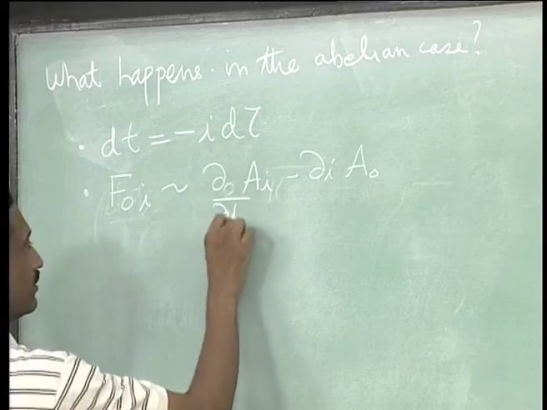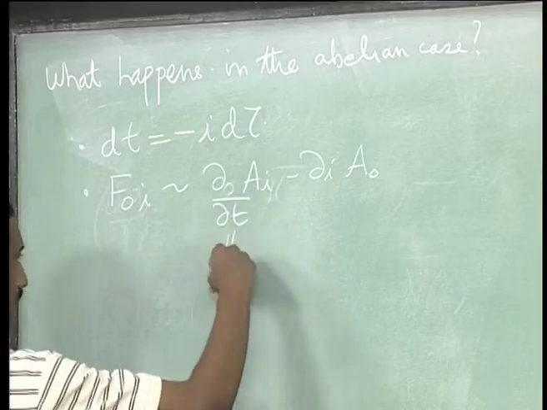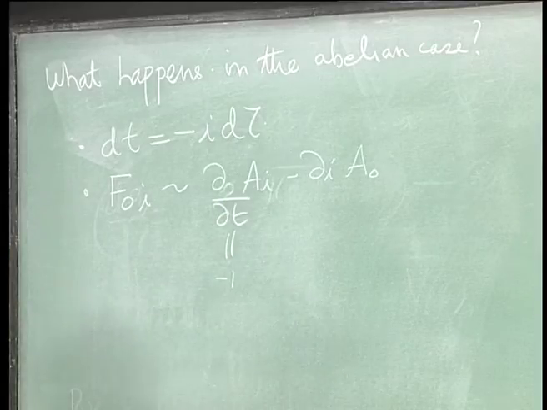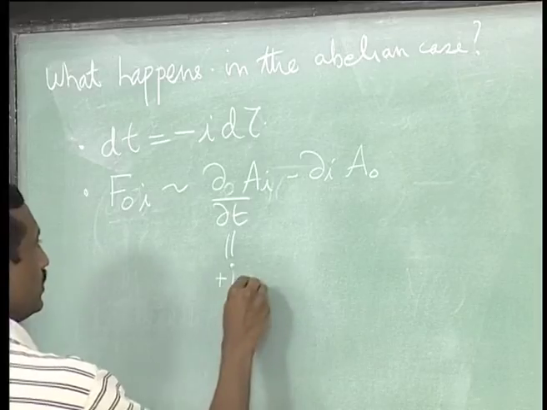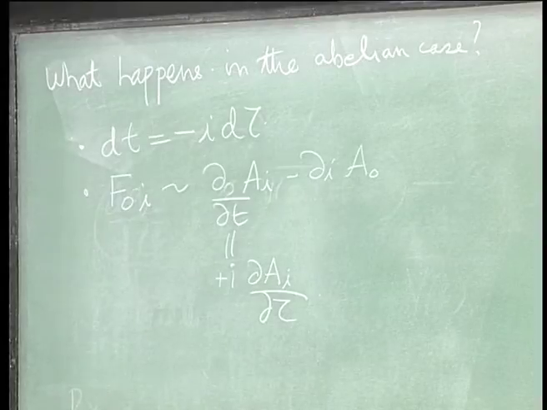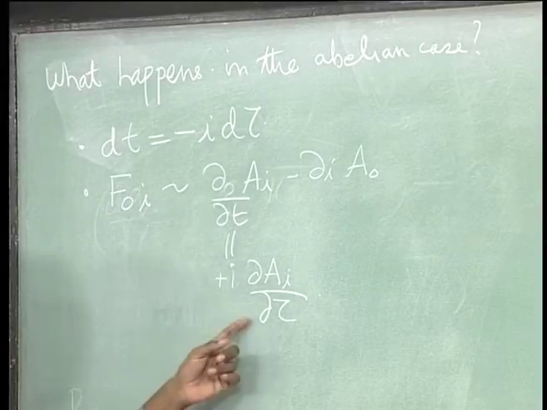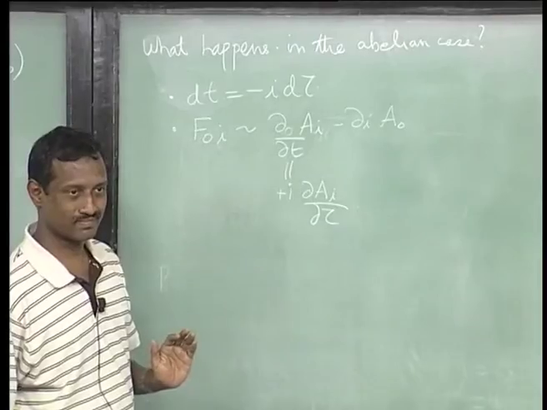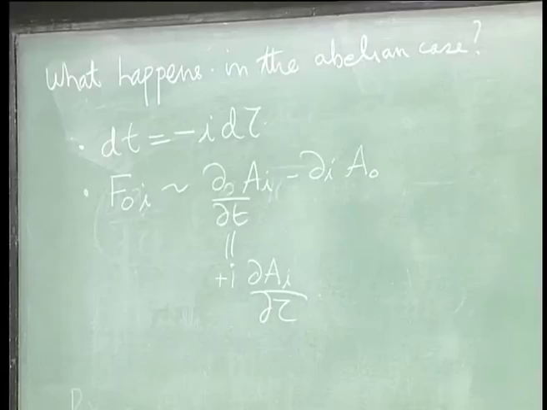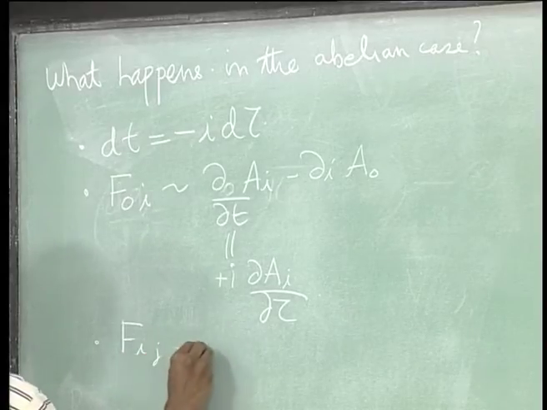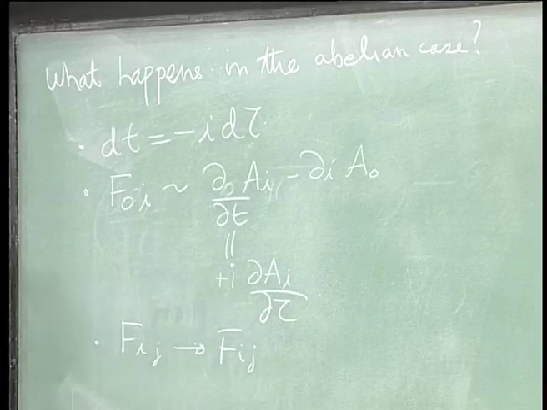Let us look at how d by dt goes. This is just d by dt, so this goes to i d by d tau, and you can figure out how the other one works out. I just need to keep track of this. What this tells you is that E goes to i E, and nothing happens to B. Is this clear?